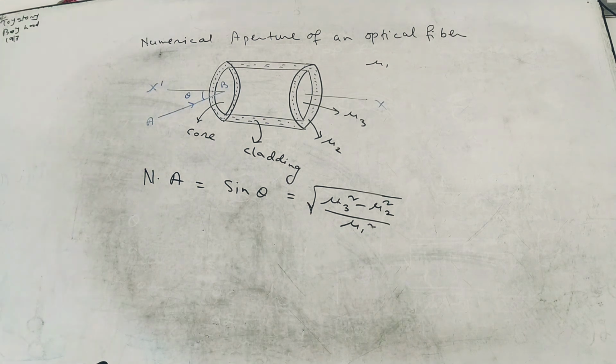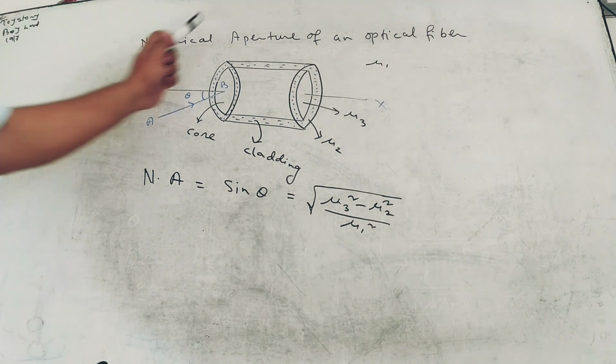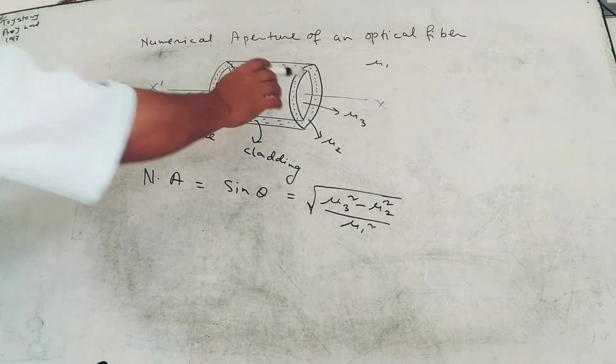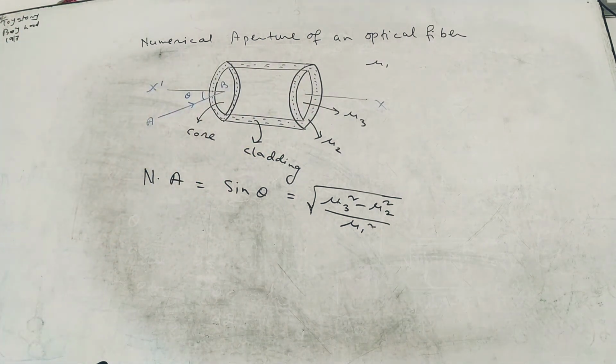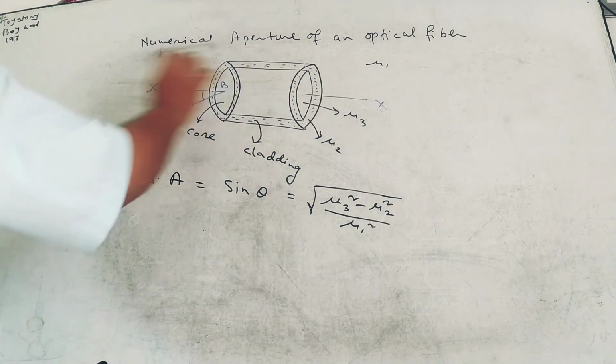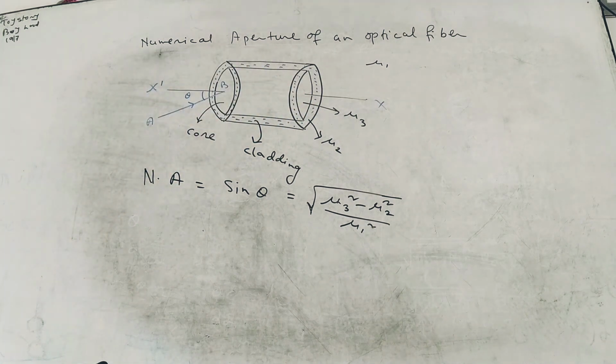Now I am going to discuss the numerical aperture of an optical fiber. Let X prime X be the axis of an optical fiber. AB is the incident light ray, which makes an angle theta with the axis of the optical fiber.